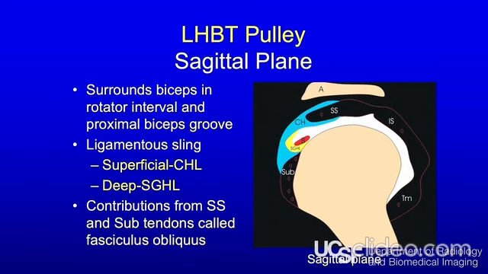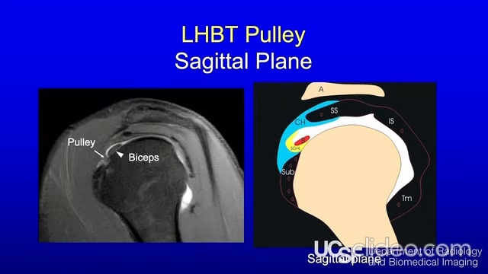And you don't always see the pulley, I have to say that. But sometimes you do, like in this case here. You can see the pulley going underneath the biceps where the arrow is of those two ligaments. And notice that little intermediate cleavage in the biceps, that horizontal cleavage. That is a normal finding. I've seen some people call that a tear.